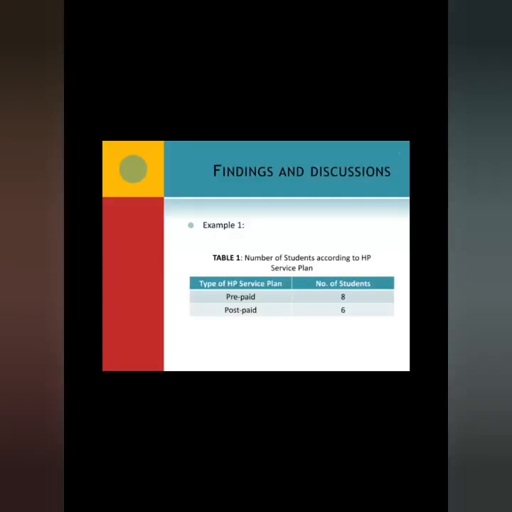So I'll just repeat what you should write for the findings part here. You have here a table. Make sure when you have a table, label it in bold like this.